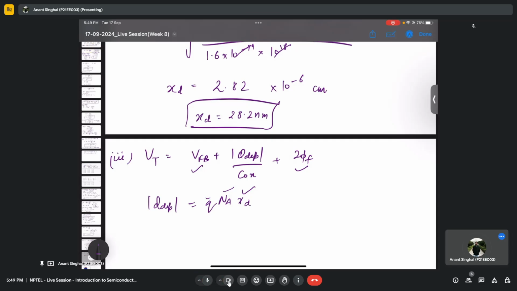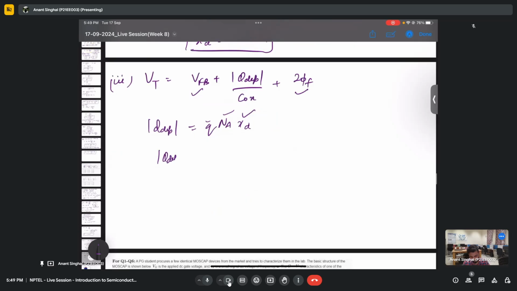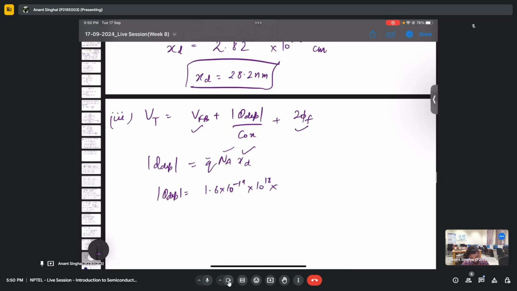Any answer? So let's start with Q depletion. Has anyone got the value of Q depletion? 45.12 into 10 to the power of 8. It should be -8, I guess. XD was 2.82 times 10 to the -6.